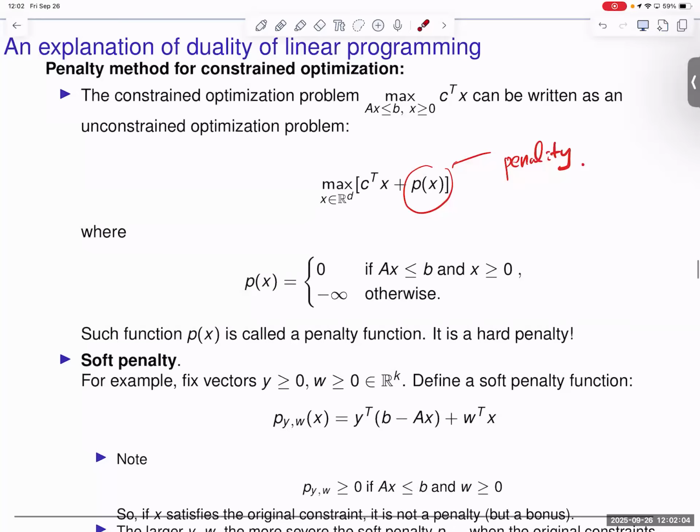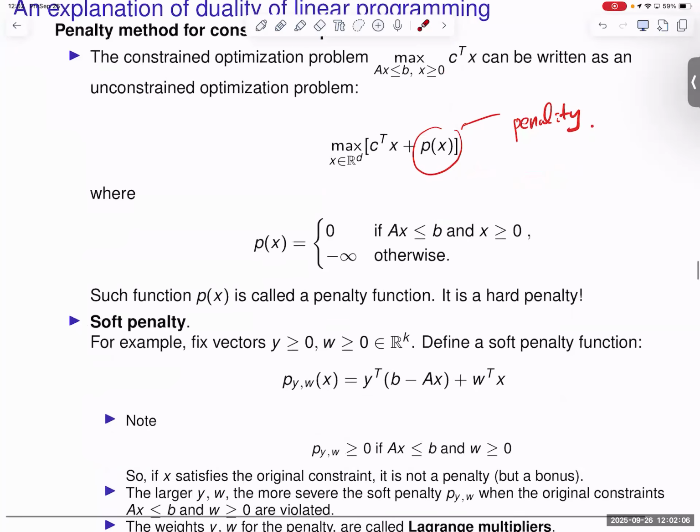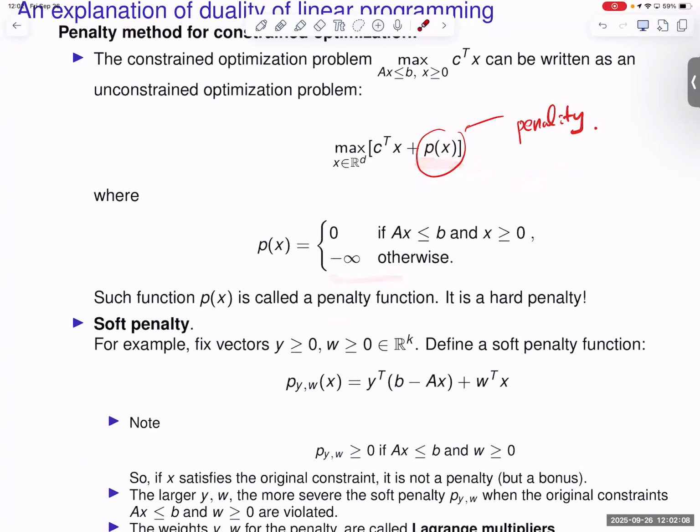So then what we can do is, okay, maybe this infinite amount of money is not realizable, right? It's like a death penalty almost. So it's not realizable. So you make a little bit softer penalty. Instead of charging an infinite amount of money, you just charge some fine, right?